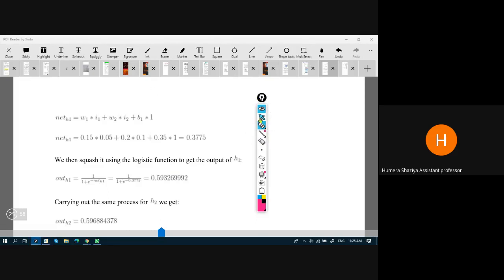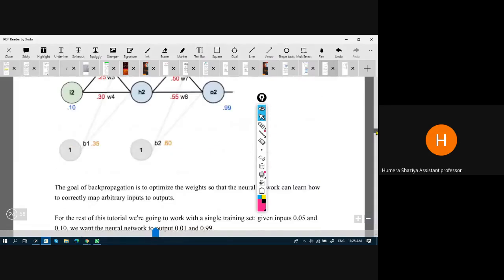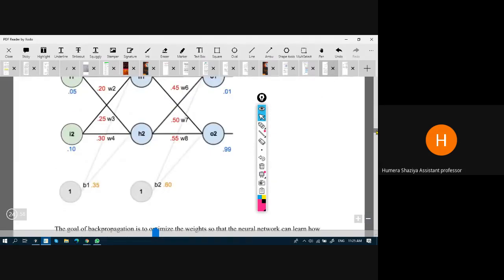Let us go back to this network and try to understand again what we are doing. We are now computing the values in the forward pass. So we have I1, I2, H1, H2, O1, O2. What is H1?